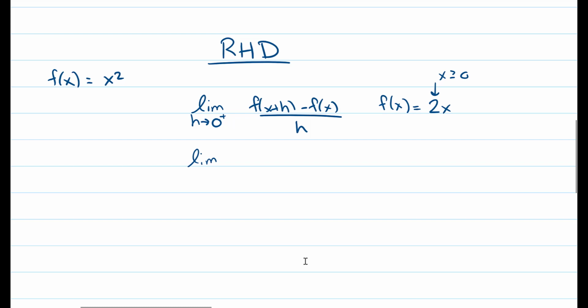So we get the limit as h approaches 0 of 2 times x plus h minus 2x, all divided by h.